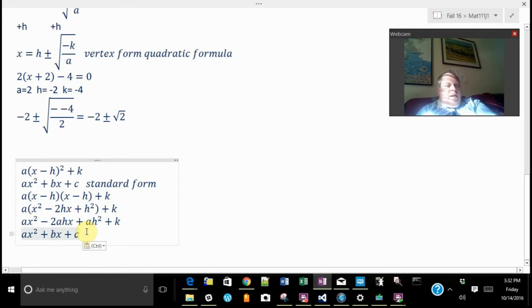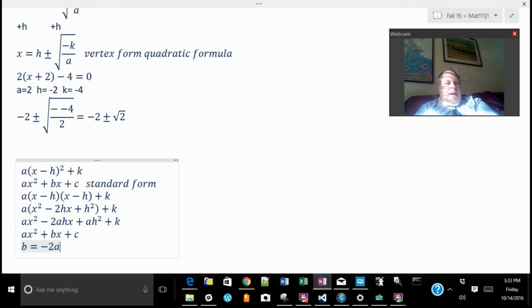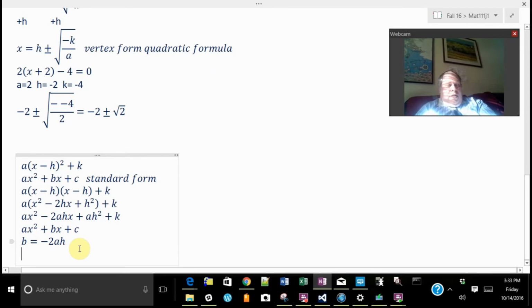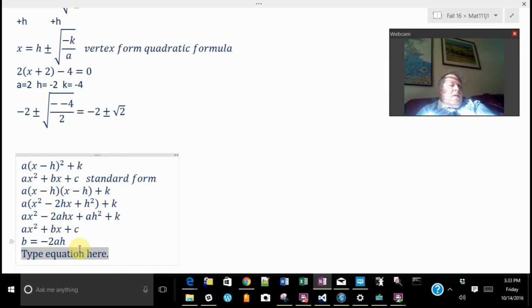So if it's the same quadratic, and h and k are the vertex, then b has to equal minus 2ah. That will make this quadratic and that quadratic have the same vertex.